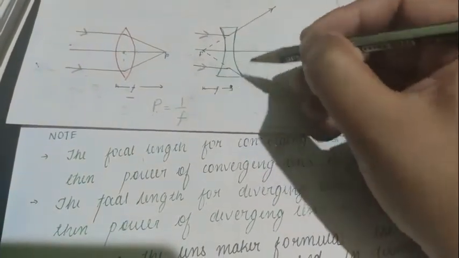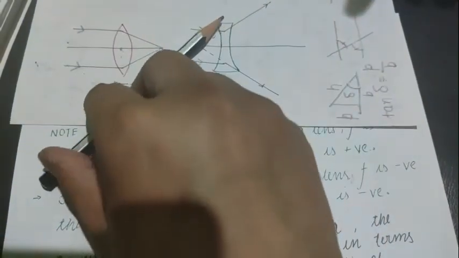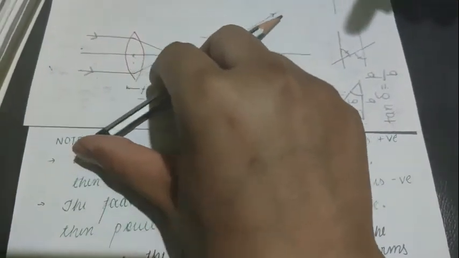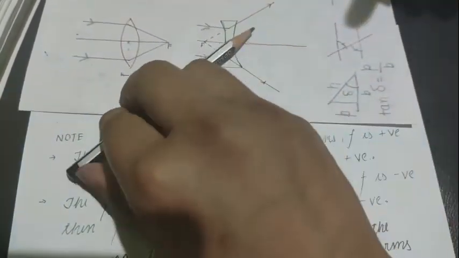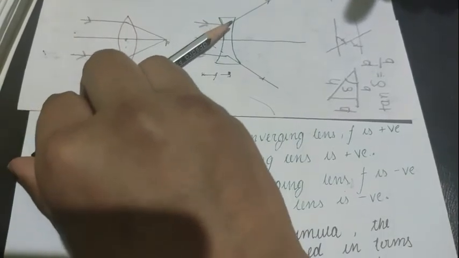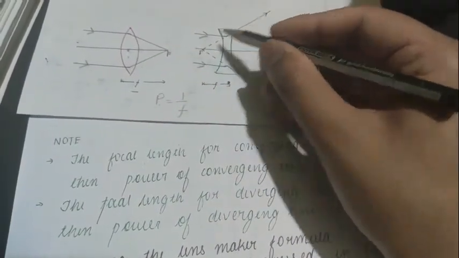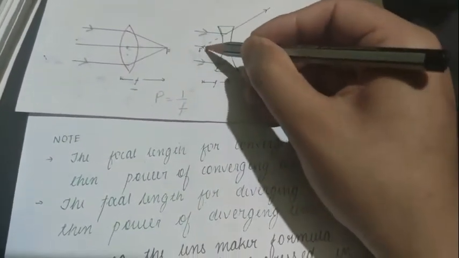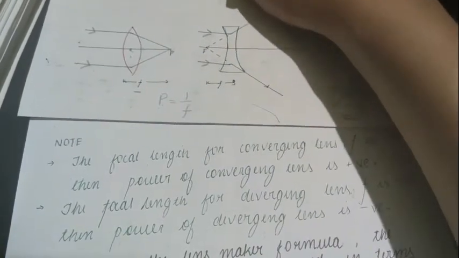Now after refraction from this concave lens, they move away from the principal axis, in such a manner that they appear to be diverging from a particular point. This point is my capital F, the principal focus.